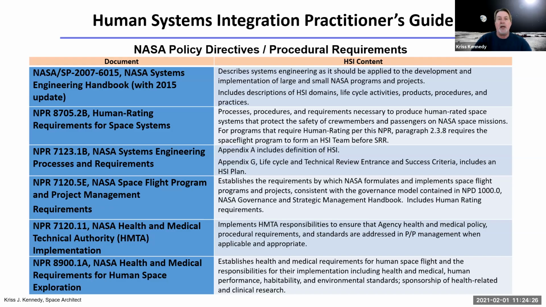The NPR 8705.2B, the human rating requirements for space systems, includes HSI aspects within their updated program procedures. The NASA Systems Engineering Processes and Requirements has Appendix A and Appendix G, which address the HSI plan and HSI definitions.